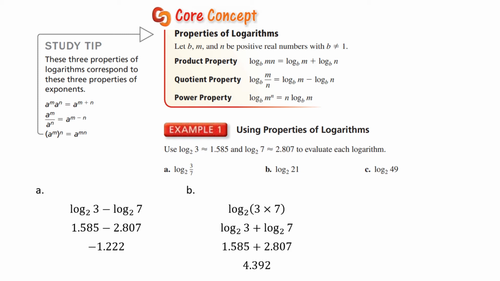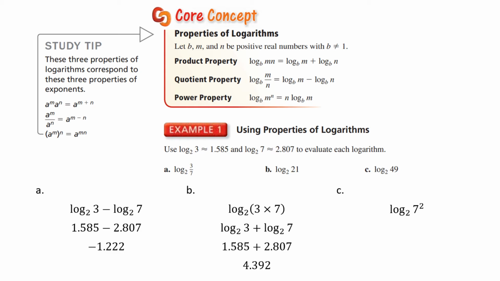And finally, what's the log base 2 of 49? Well, we can only deal here so far with the log base 2 of 3 and the log base 2 of 7. Oh, I recognize that 7 squared equals 49. So we can express that, and as soon as we see that exponent, take a look at how the power property plays out.